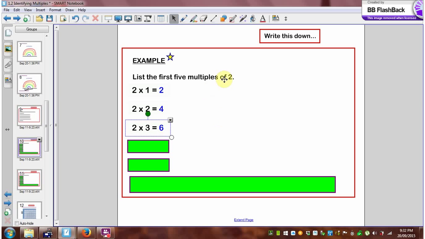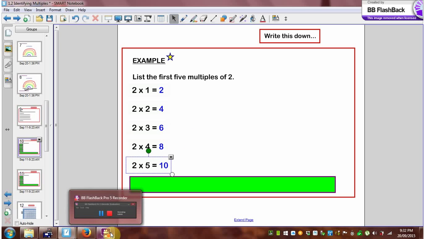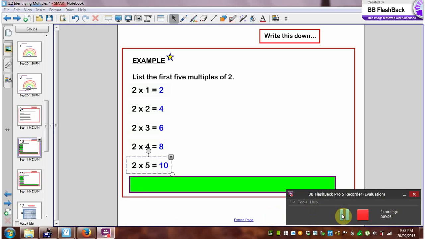So that's a multiple of 2. And notice that our multiples as well, they're going up by 2. So 2, 4, 6. Next one's going to be 8, because 2 times 4 is 8. Make sure you copy those down. And then 2 times 5 is 10. So just pause the video if you're a little bit behind there and writing that down. When you're done, just play again.